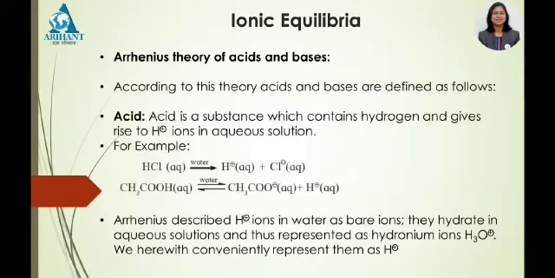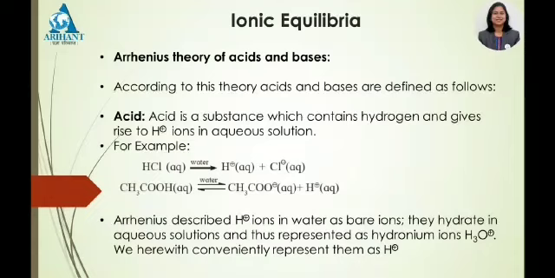Second example, you can take CH3COOH, that is acetic acid. Acetic acid gives you CH3COO minus plus H plus ions. In the first example, you can see a single arrow. In the second example, you can see a double arrow. In both the examples, you can see H plus ions in the products.